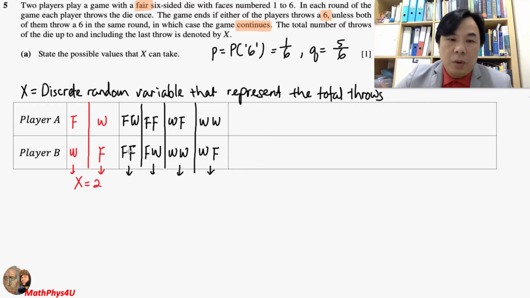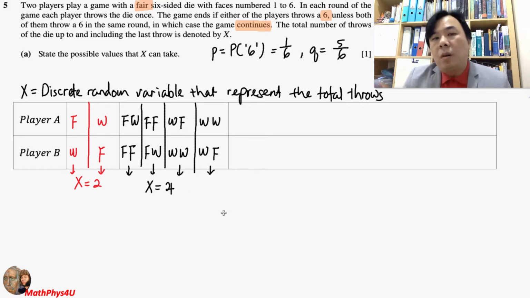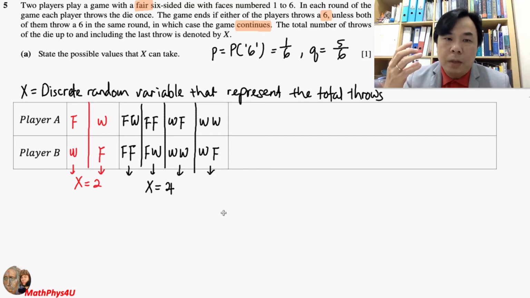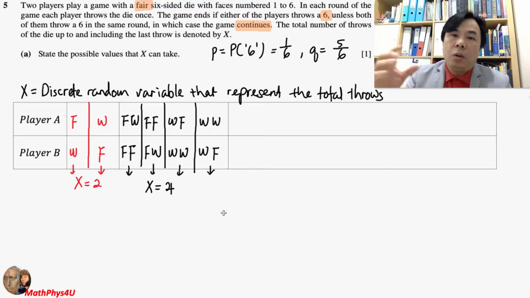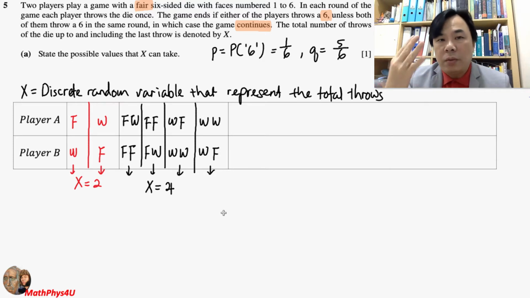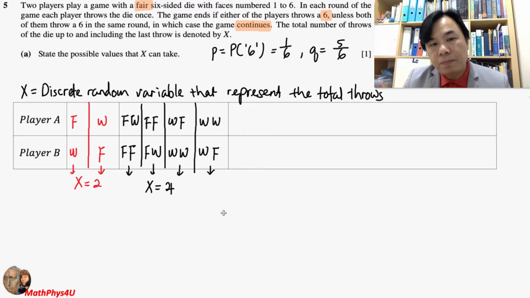Now, therefore, we will label this as discrete random variable of 4 here. I hope that is clear. Do check out the possibilities of winning if the players have thrown 4 times in this case. You can think about that.